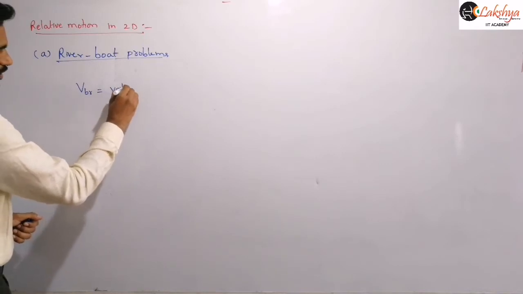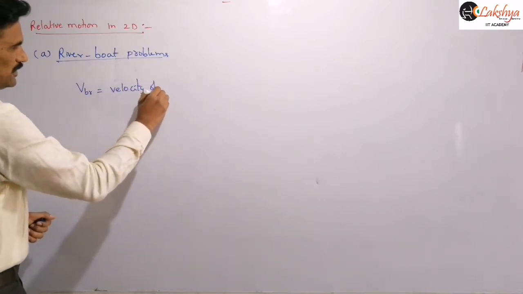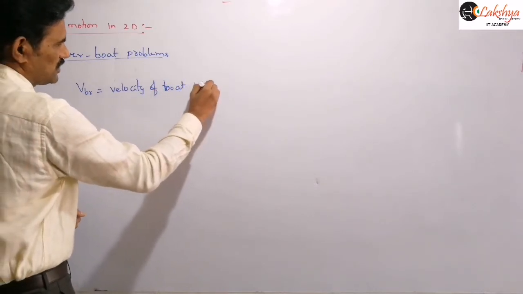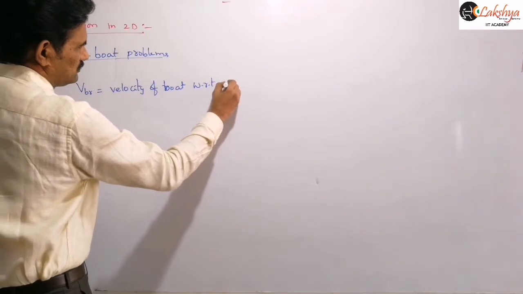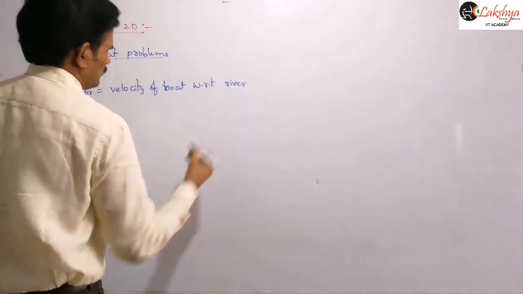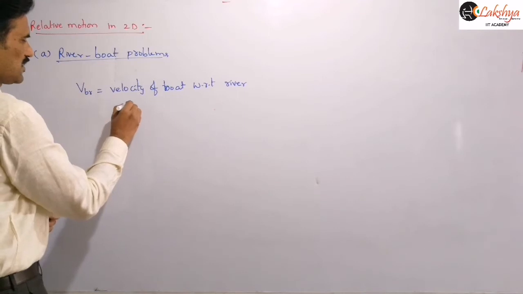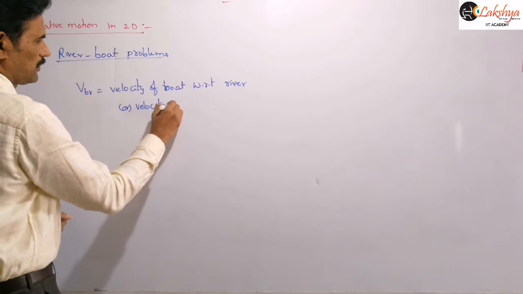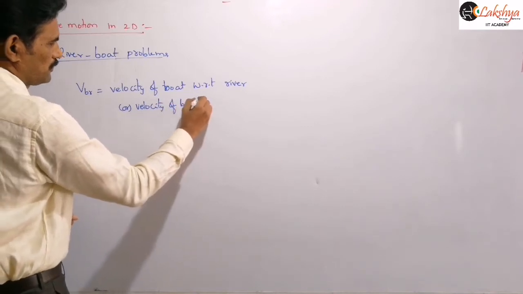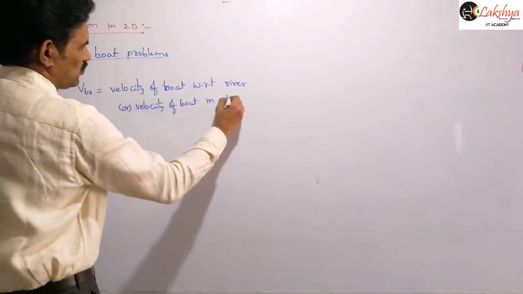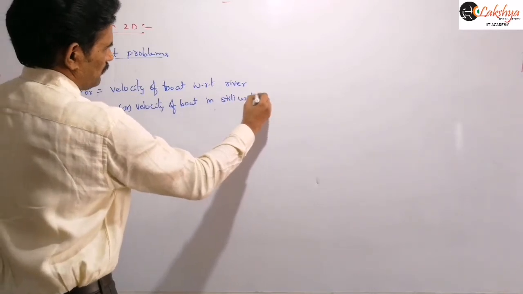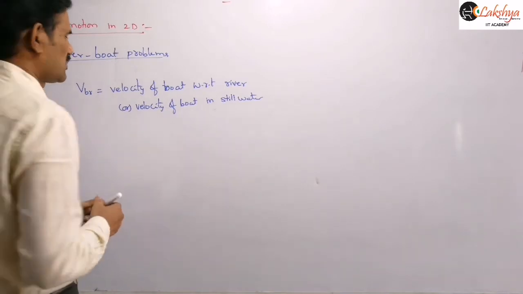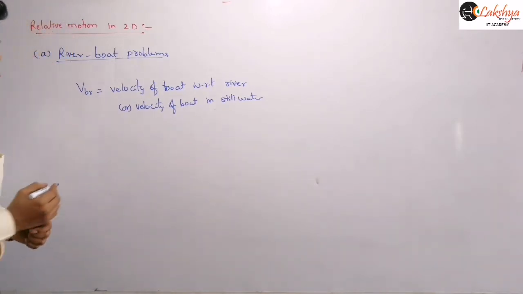This VBR is the velocity of boat with respect to river, or we call this the velocity of boat in still water. They will mention it as velocity in still water, that is nothing but our relative velocity here.